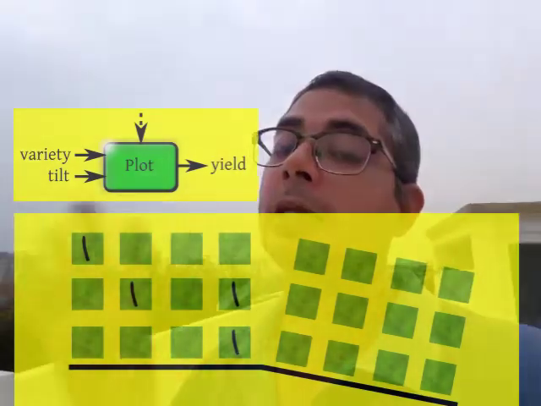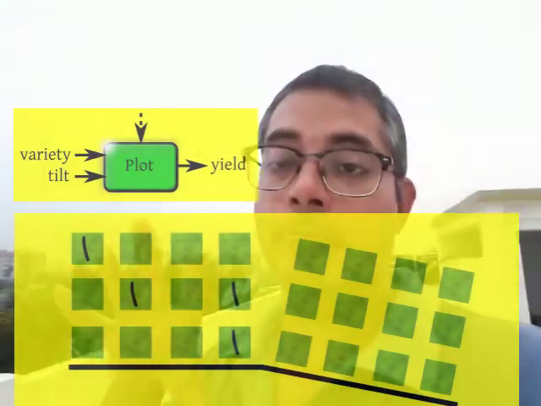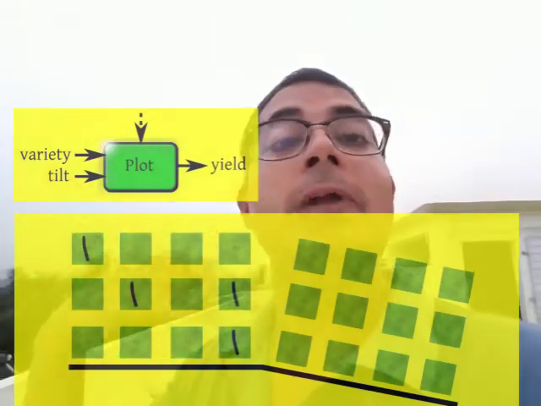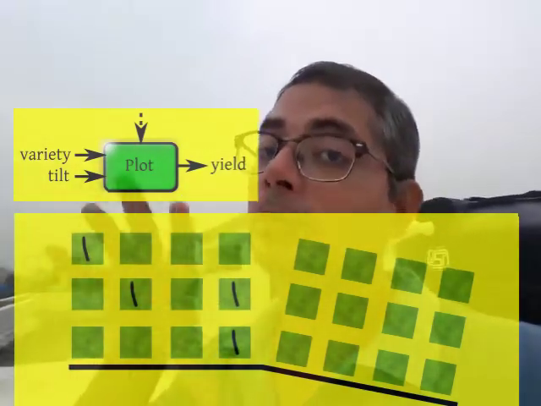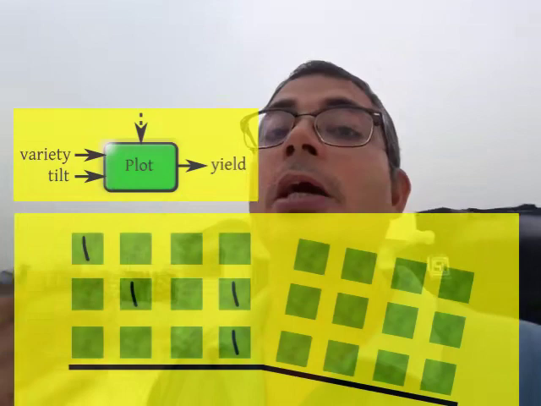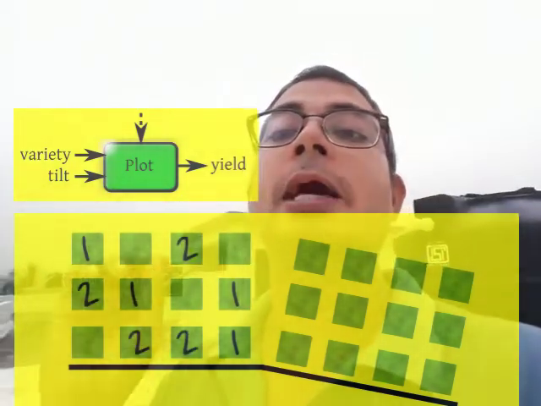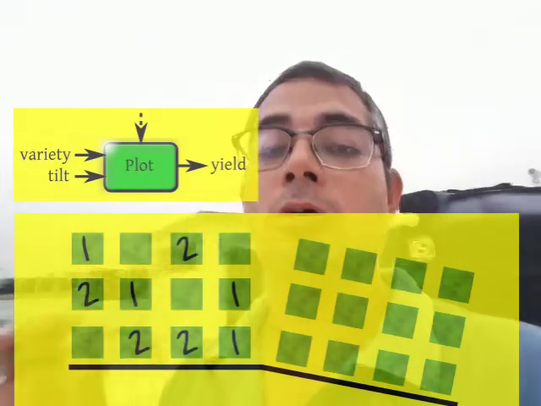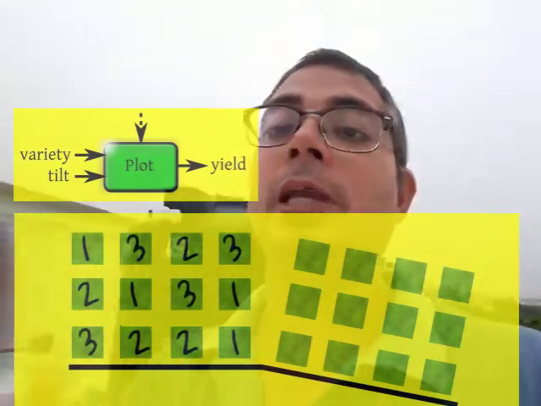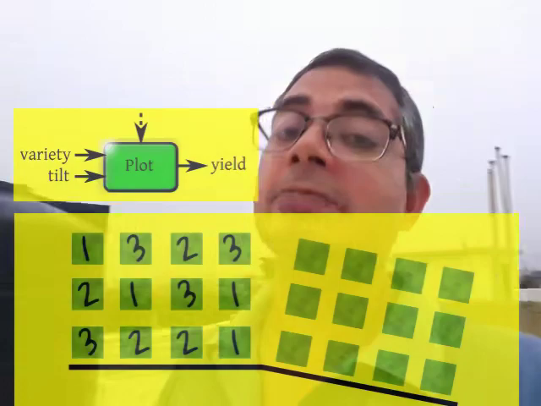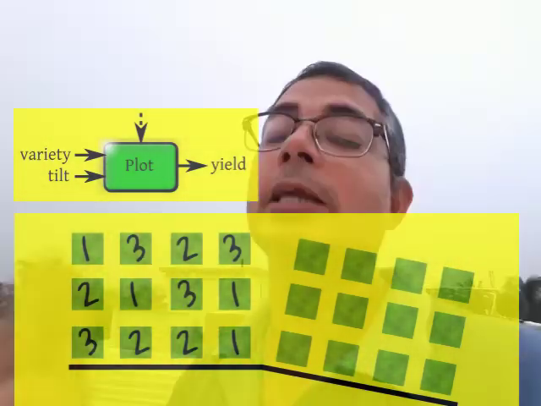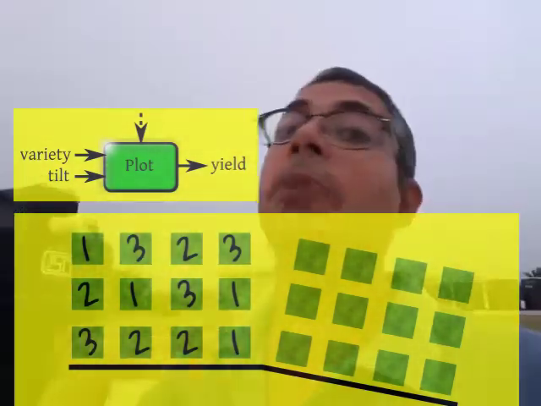So I am focusing my attention only on the plain part and doing whatever I did earlier, but now only on the plain part. And again, out of these 12, I pick 4 other random plots where I sow variety 2, and similarly variety 3. Thus, varieties 1, 2, 3 all get their fair share of plain land.